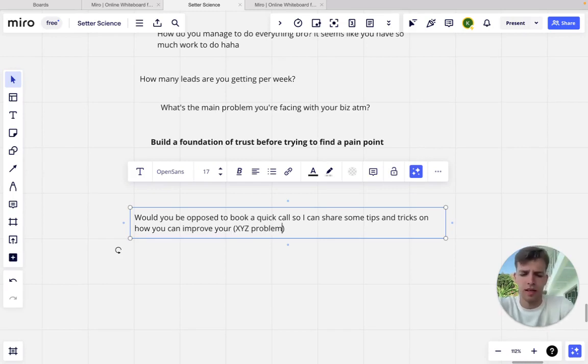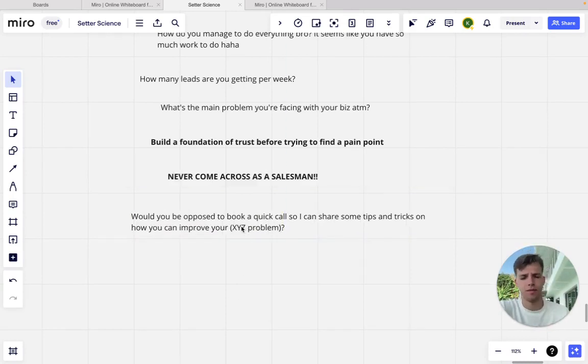That's why I'm gonna say XYZ problem. For example, for my own appointment setting program, after they are warm enough, I say, would you be opposed to book a quick call so I can share some tips and tricks with you on how you can improve, on how you can reach your XYZ goal that a certain person has.